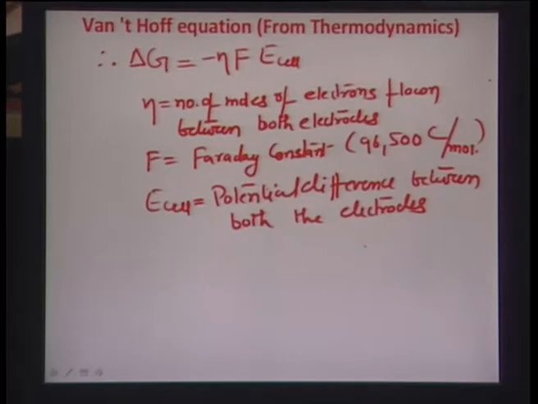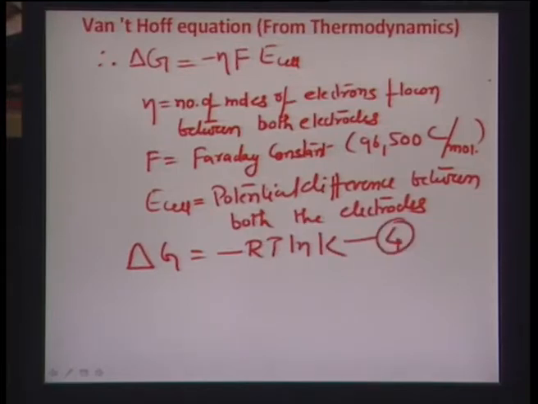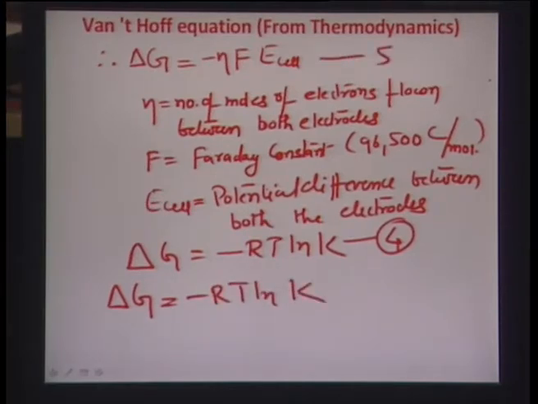So delta G also can be expressed as minus RT ln k from the Van 't Hoff equation, remember equation number 4. Therefore delta G, which is equal to minus RT ln k, can be represented as minus nF E cell.